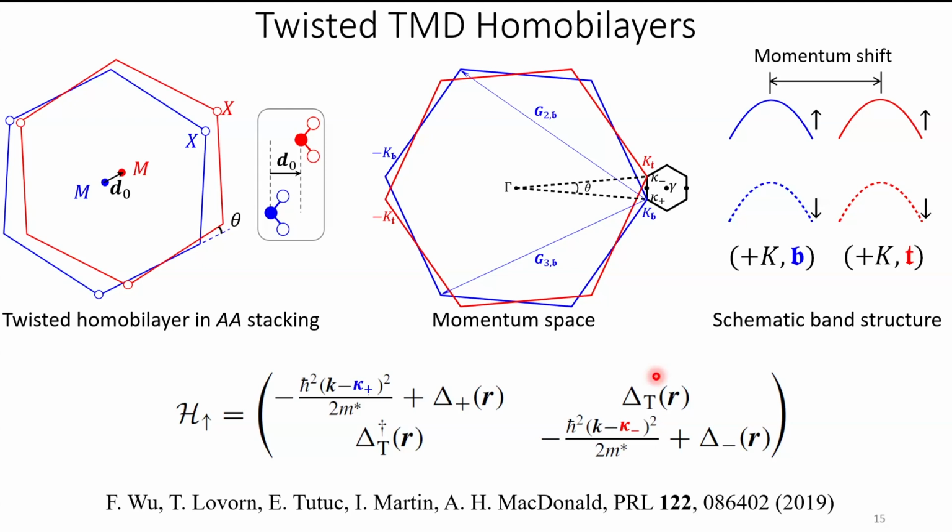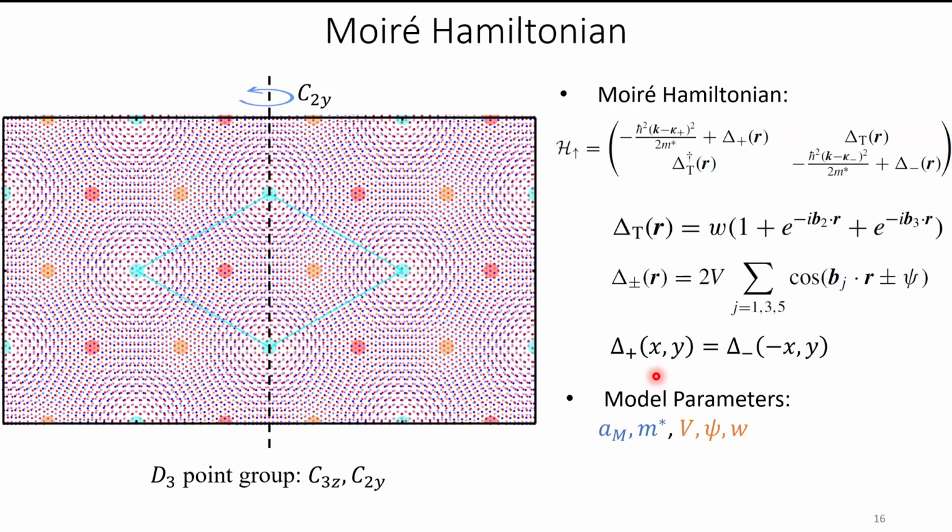The interlayer tunneling term is one of the 4 terms. This Hamiltonian has several parameters: the Moiré period, the effective mass, the potential strength, the potential shape described by psi, and the interlayer tunneling.